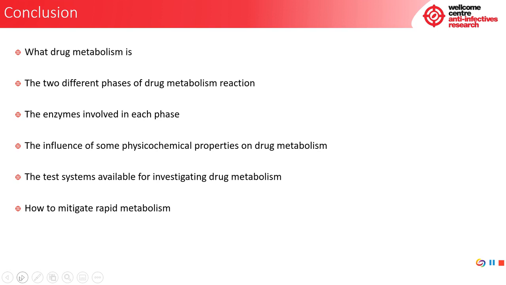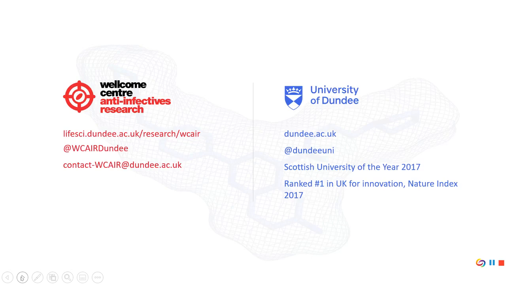We've looked at the influence of some physicochemical properties, primarily lipophilicity, on drug metabolism. We've investigated the different test systems that are available for investigating drug metabolism, such as liver S9, microsome, cytosol, and hepatocyte. We've also learned how to mitigate rapid metabolism by use of blocking groups to block the metabolism hotspot on the compound. Thank you for your attention.